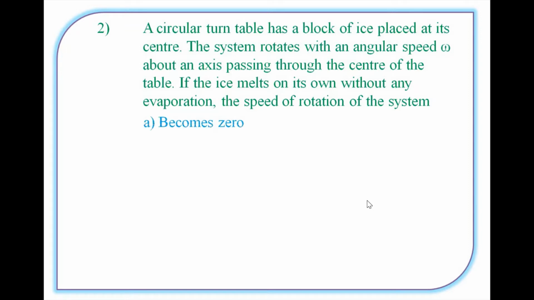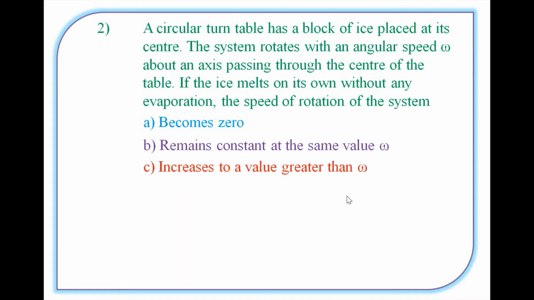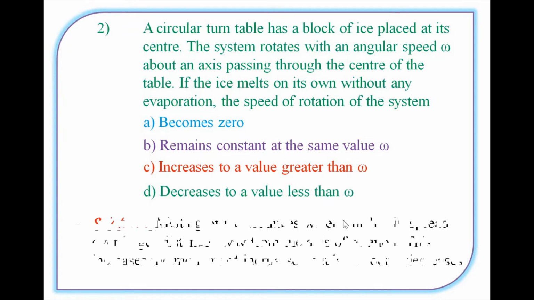Let's see the options. Option A is becomes 0. Option B is remains constant at the same value omega. Option C is increases to a value greater than omega, and option D is decreases to a value less than omega.